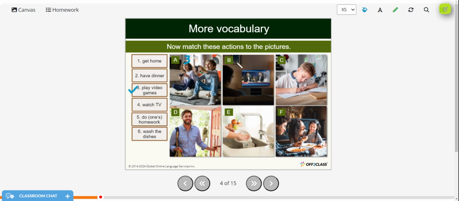Picture B goes with number 4, to watch TV. Picture C goes with number 5, which is to do homework. Picture D goes with number 1, to get home. Picture E goes with number 6, wash the dishes. And picture F goes with number 2, have dinner.